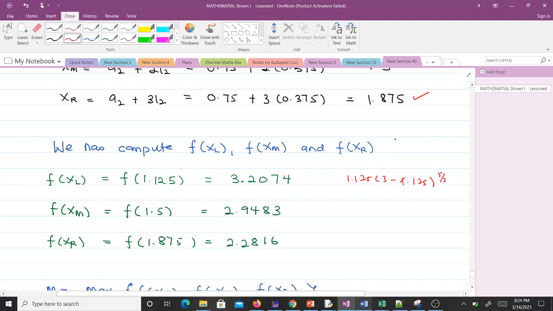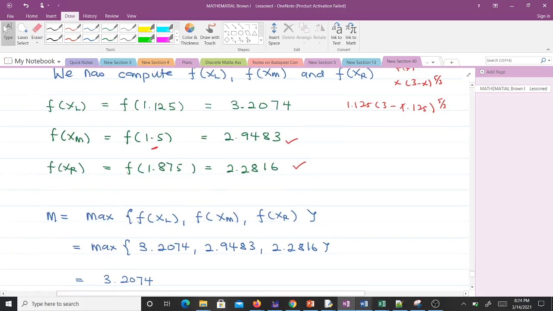Remember, the objective function is f of x equals x cubed minus x to the power 5/3. Then f of xm, that means wherever you find x, we put 1.5 there. And when we do that, we will get 2.9483. And f of xr will give us 2.2816.